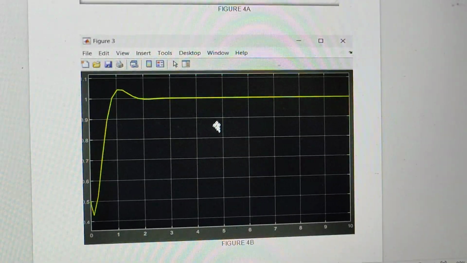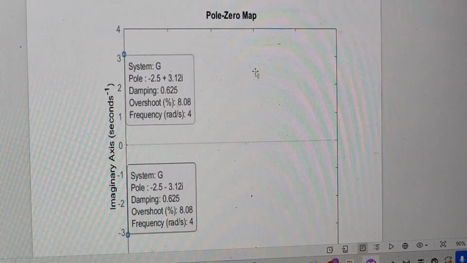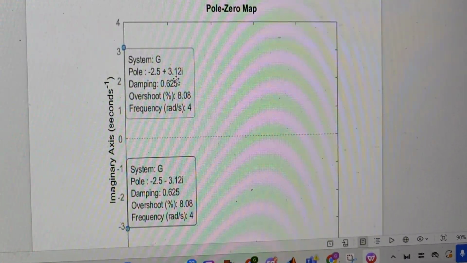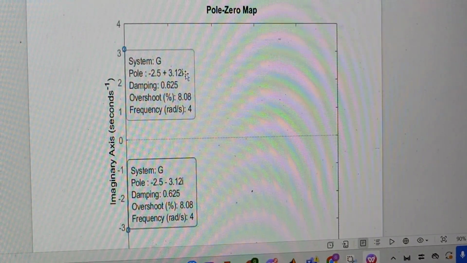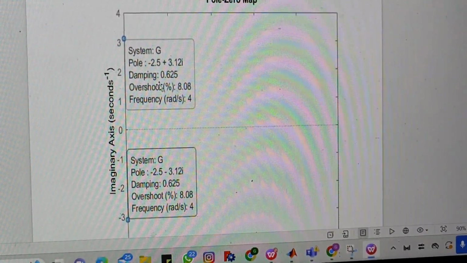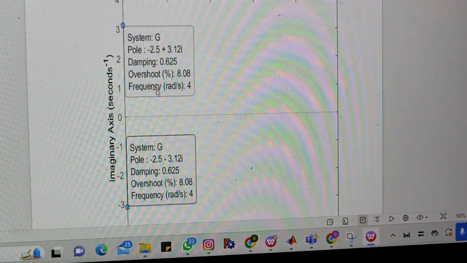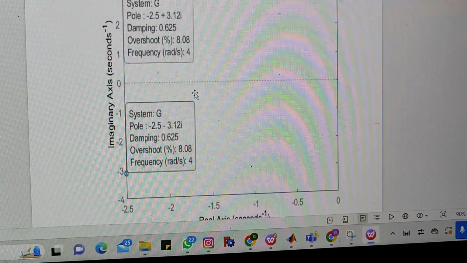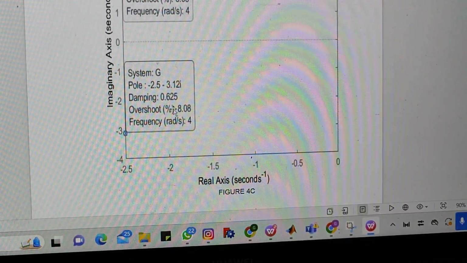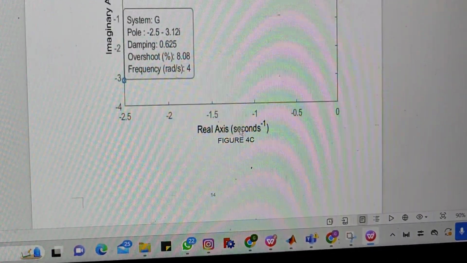So this is the figure model and this is the pole zero map, where the pole is negative 2.5 plus 3.12j, the imaginary part, and the damping is 0.625 and the overshoot is 8.08. The frequency is 4. And this one is the same. This is figure 4c.